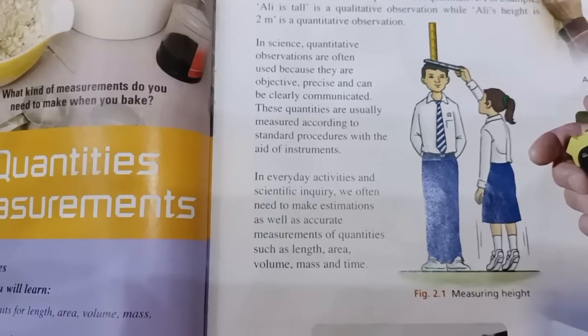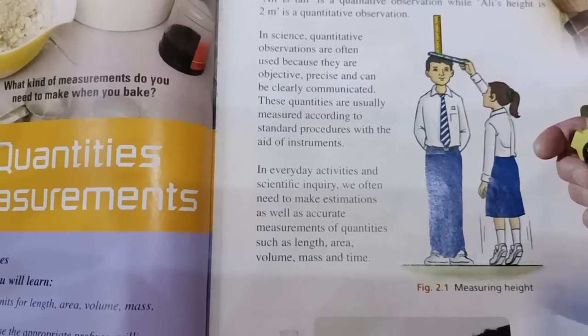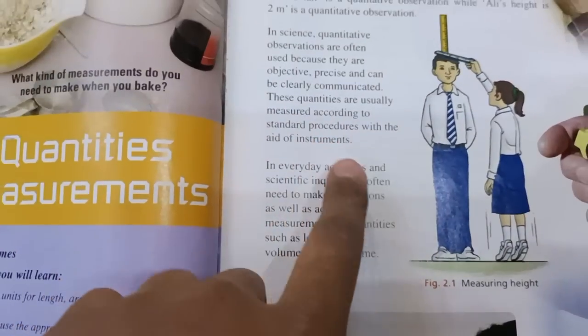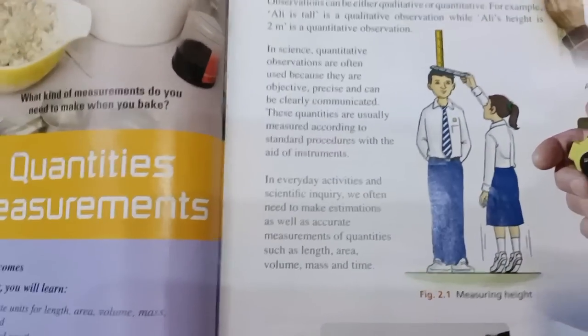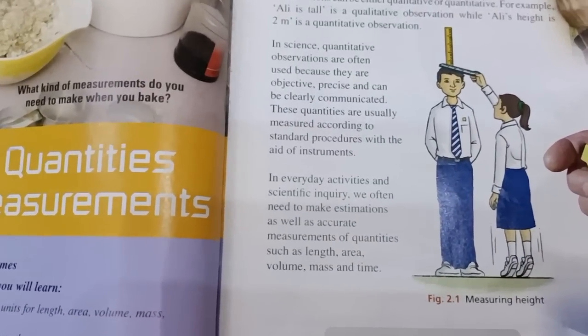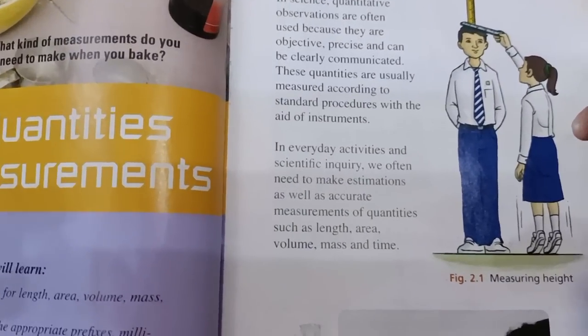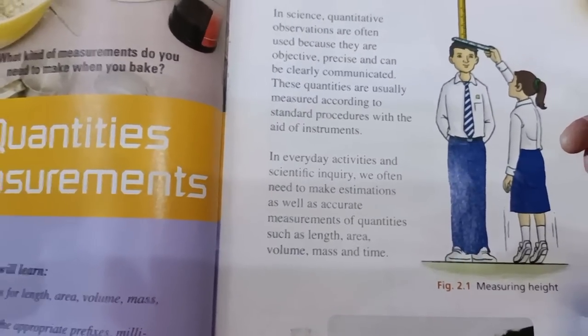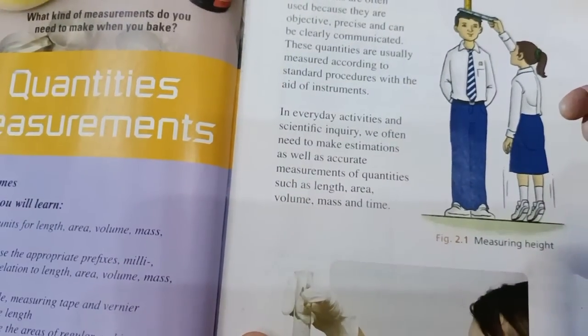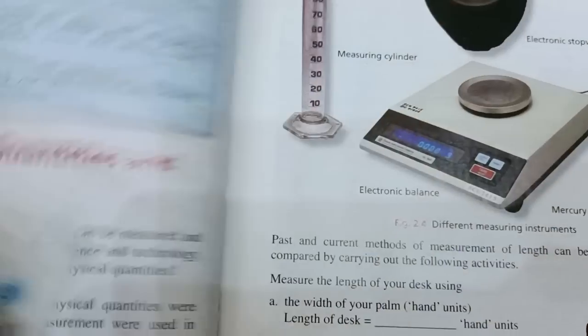These quantities are usually measured according to standard procedures with the aid of instruments. In everyday activities and scientific inquiry, we often need to make estimations as well as accurate measurements of quantities such as length, area, volume, mass, and time.